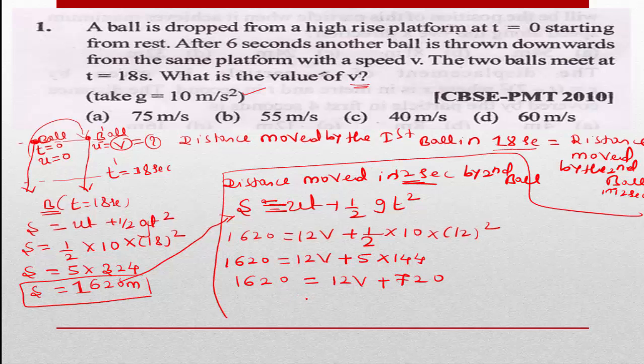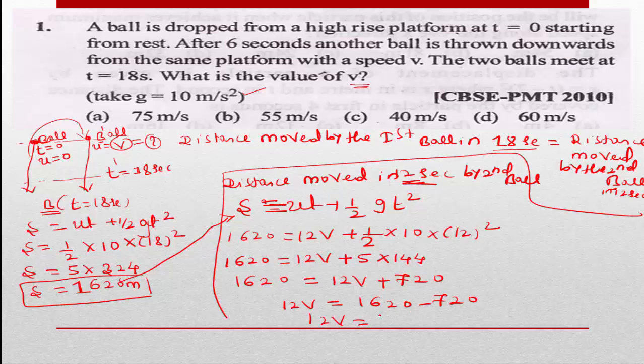What is the value we need? What is the value of v? Here 12 v is equal to 1620 minus 720.